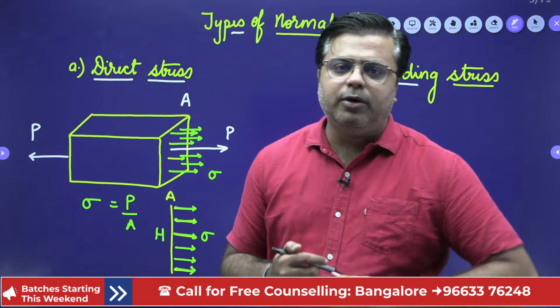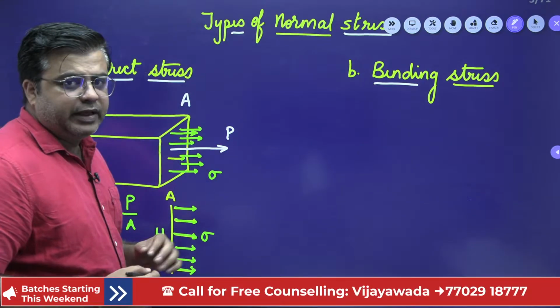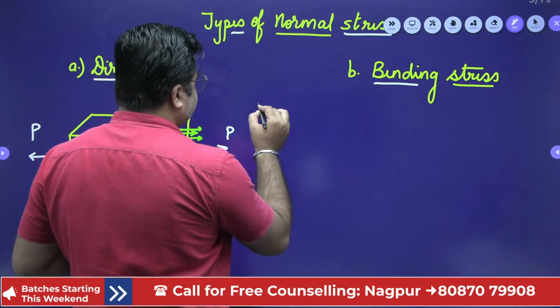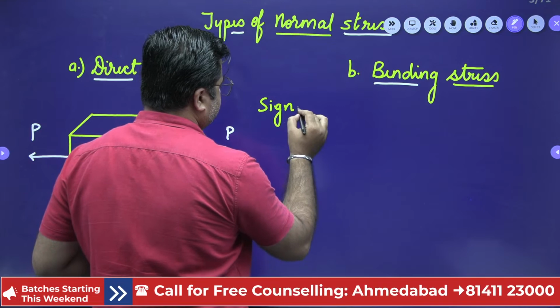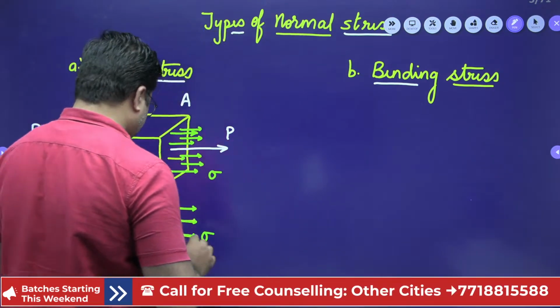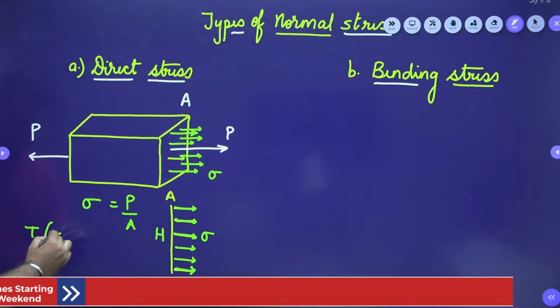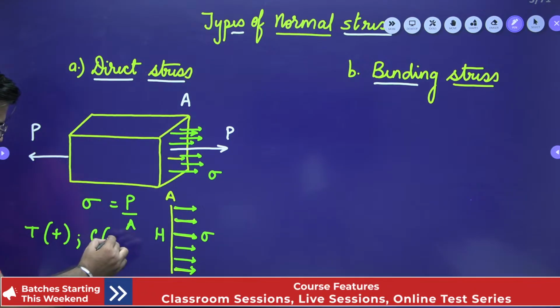And if I talk about the sign convention, I'll write here: tensile stresses are taken as positive and compressive stresses are taken as negative.